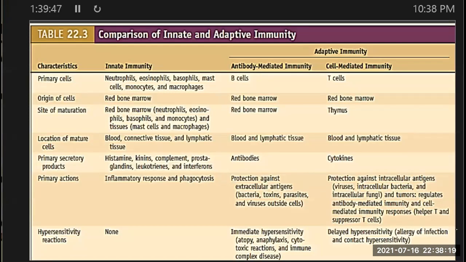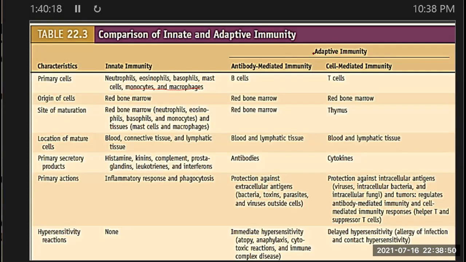Here, we have the comparison of innate and adaptive immunity. Memorize this table, because it is very important. Primary cells for your innate immunity always include the phagocytes. One student wrote in the Google form that they wanted to understand this: if you are confused between innate and adaptive, it is very easy.